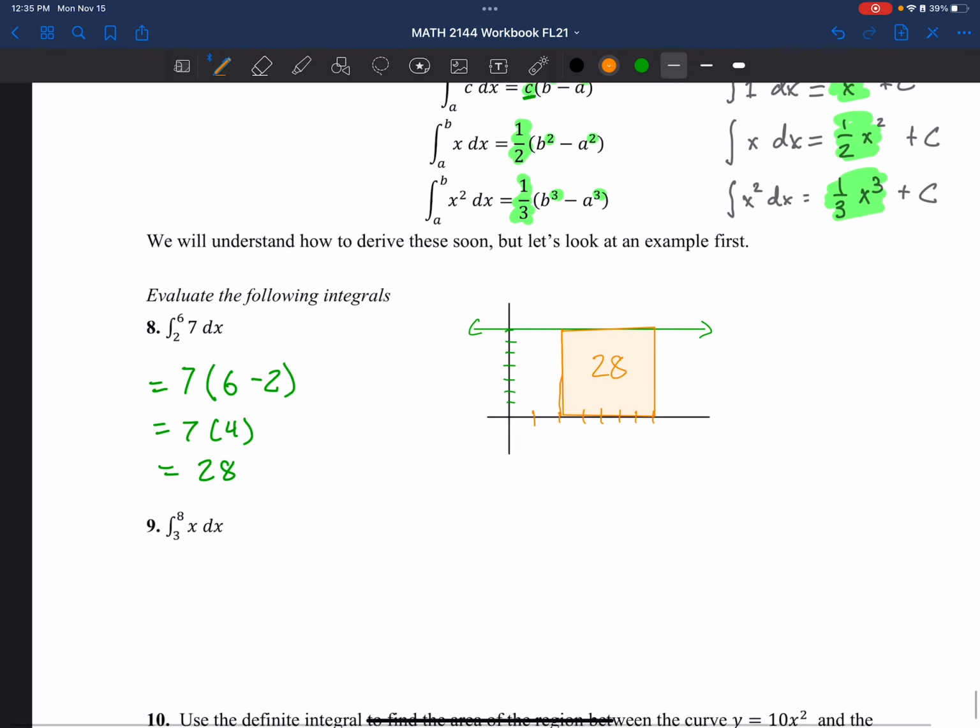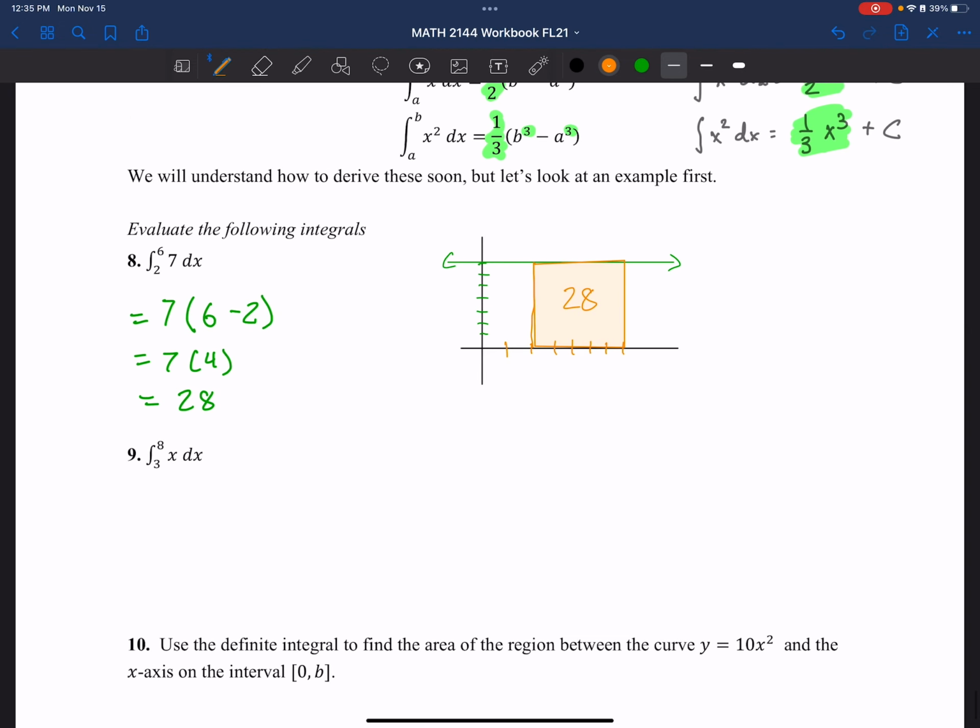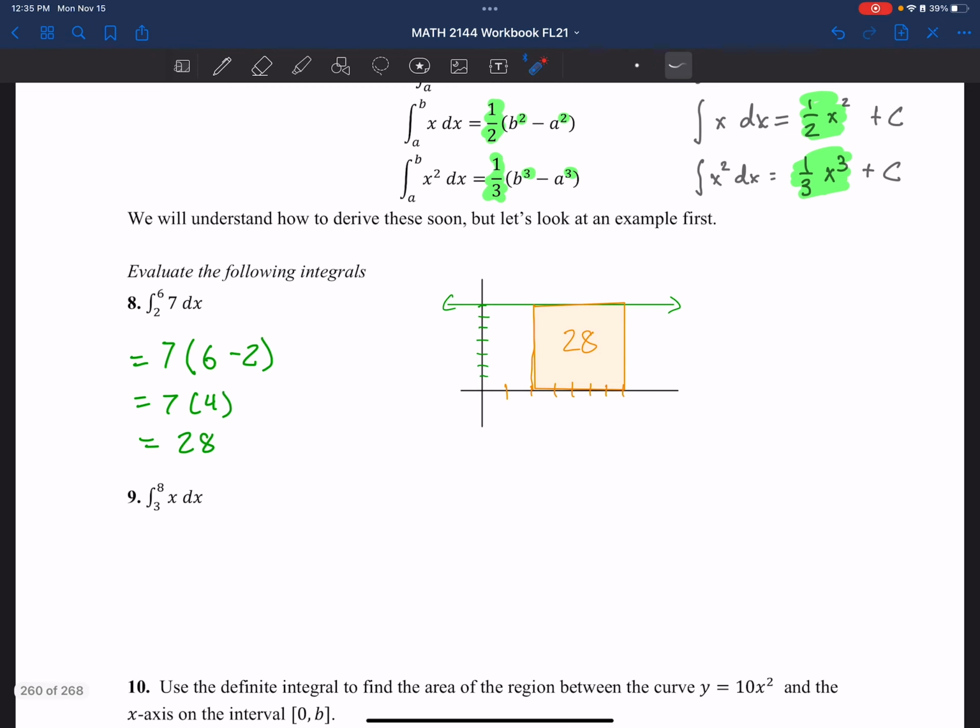All right, let's go ahead and consider number 9. Notice this is using the second formula right here. So the answer is going to be 1/2 times 8 squared minus 3 squared, which is 1/2 times 64 minus 9, which is going to give you 55 divided by 2.